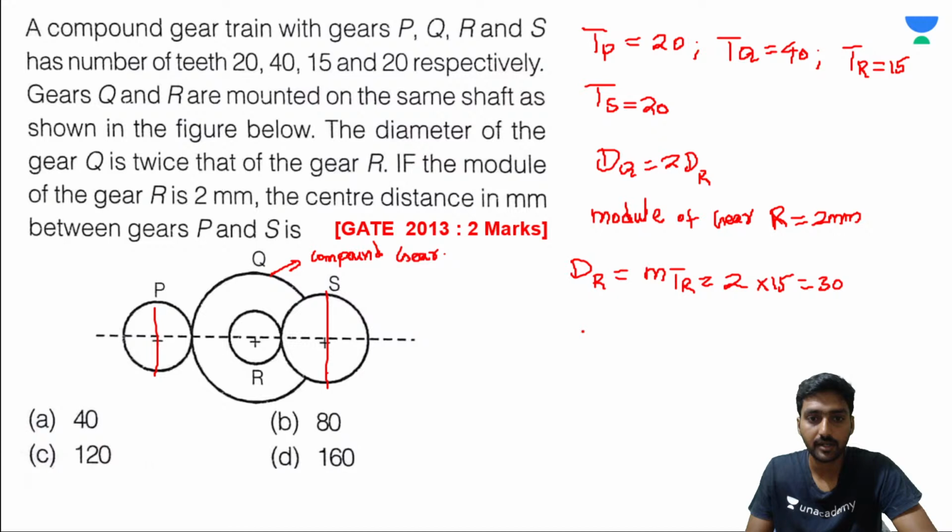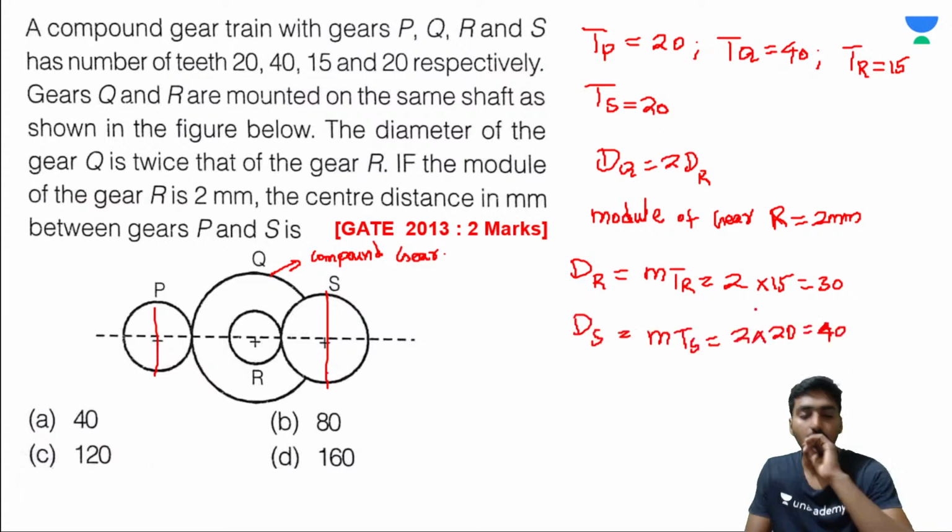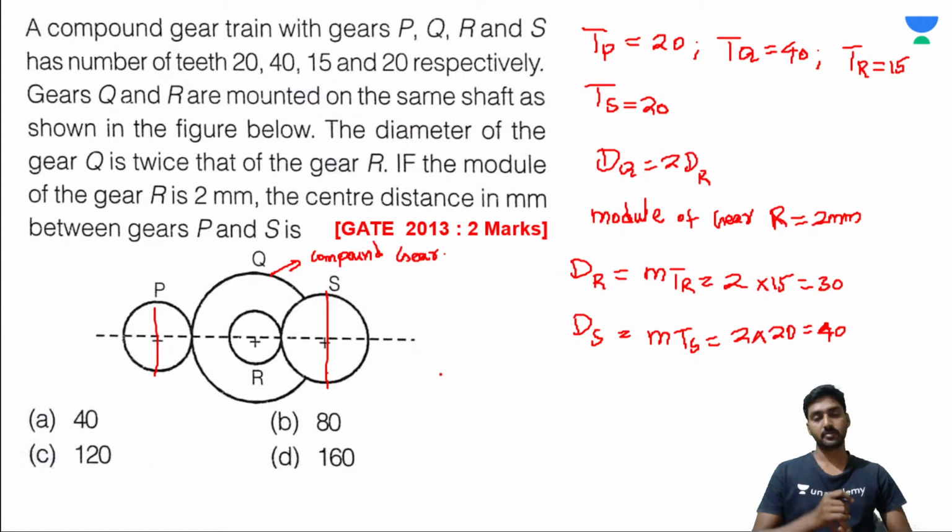Is it okay now? Now we need to identify the speed of R. If the speeds of R and Q are both the same, in terms of NS we need to calculate the ratio.